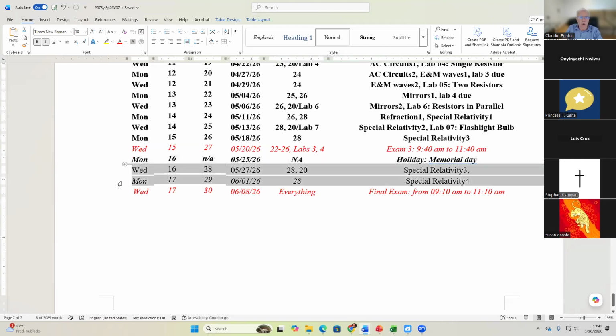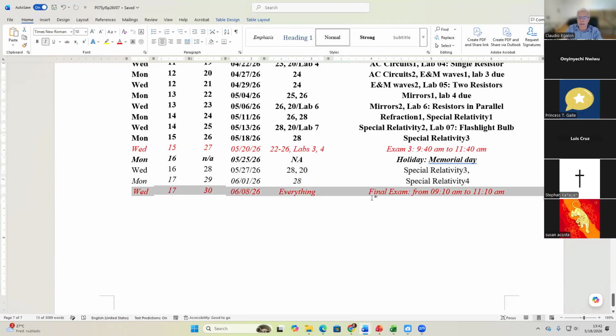Then we have two more class meetings, and finally, the last class meeting is going to be the final exam, which is on June 8th. That's the situation here for the schedule.